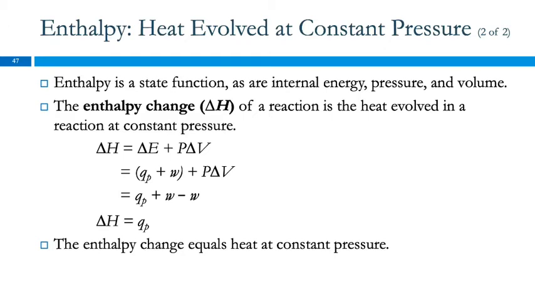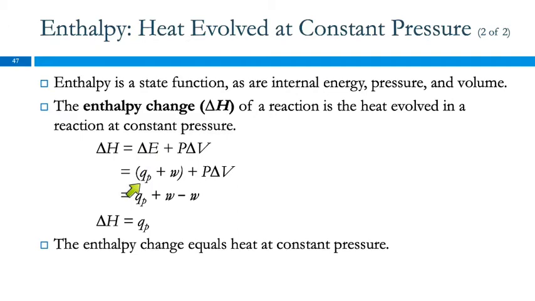So if we look at enthalpy change, delta H is the change in internal energy plus pressure times the change in volume. The pressure here is not a change in pressure because the pressure is not changing.